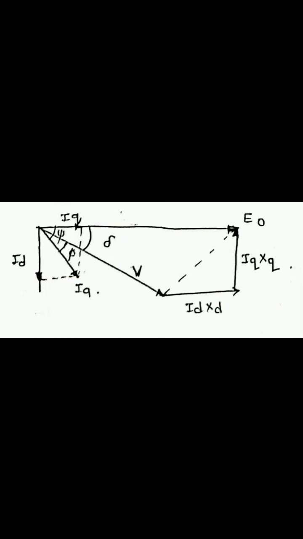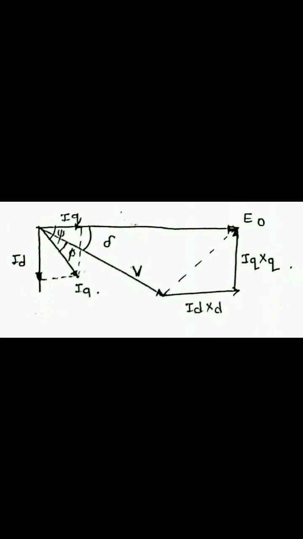So this is the vector diagram of an alternator, in which E0 is the generated voltage from the alternator, and V is the per phase voltage. As we know, the angle between E0 and V is delta, the angle between the sending end and receiving end voltage, that is the voltage which is generated, E0, and the voltage which is given to the alternator.